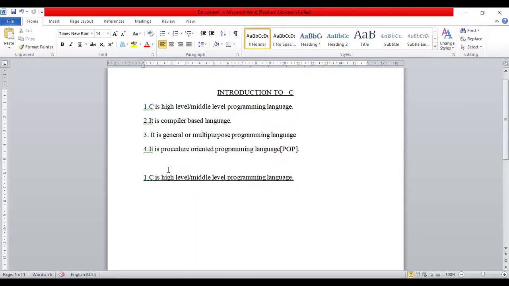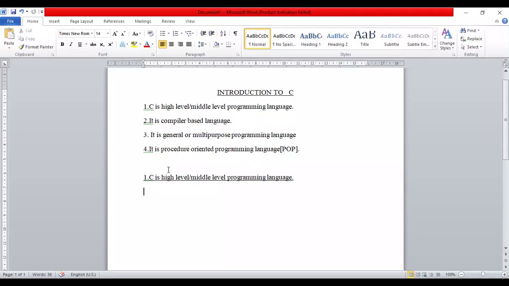No doubt software, but if you give any instruction by pressing any button or key in the remote controller, then the software will be activated in that machine, and accordingly, as per the requirement, we get the output. But that software is written in which language, sir? Some programming language. C is one of them.